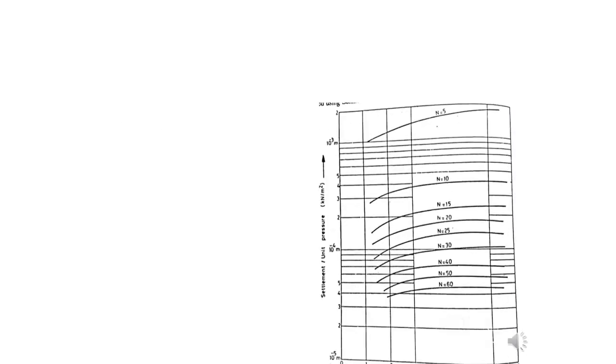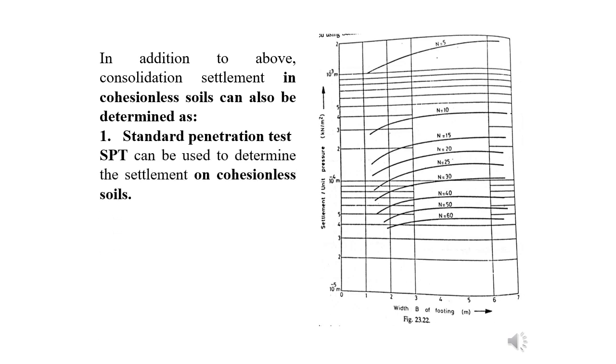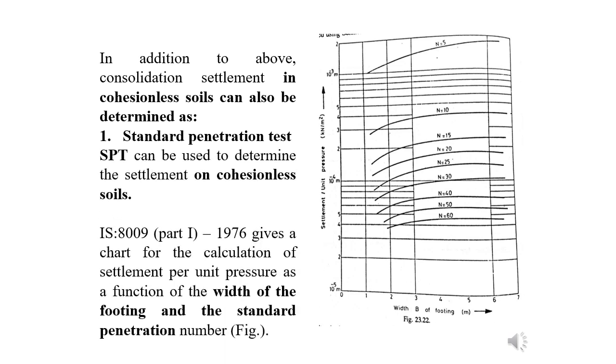In addition to that, we can also use this chart. The IS code has given this. This is called the standard penetration test chart, given by the IS code. Suppose you know the width of the footing, right? And the SPT values. SPT value means the N values.